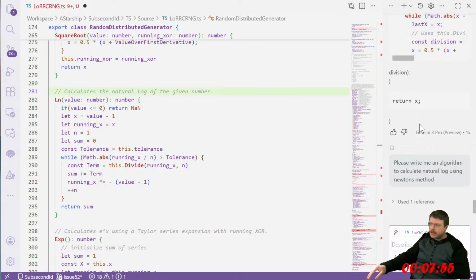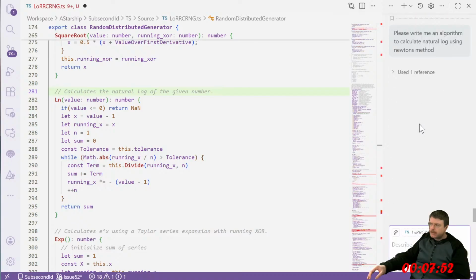Okay, this is pretty slow, dude. This is Gemini 3 Pro, by the way.